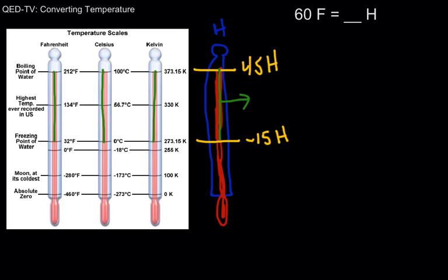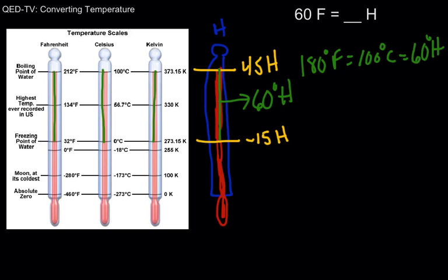That would be an interval of 60 degrees Herman in between freezing and boiling. That's all I need to think about my new conversion scale. So I have now, if you remember, I had 180 degrees Fahrenheit equals 100 degrees Celsius, and now I can say that equals 60 degrees Herman. So I can use these conversion scales to do this.